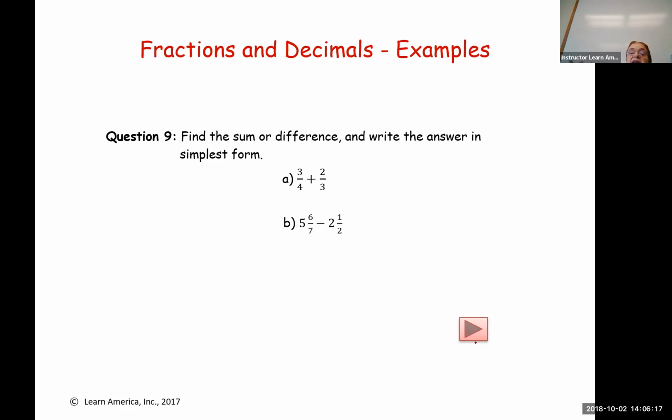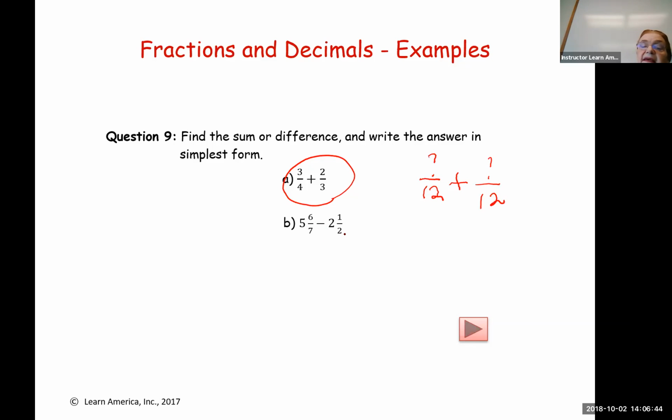Let's look at finding the sums and differences of rational numbers. Now here, of course, where we have different denominators, we cannot add unless we put them over the same denominator. So 4 and 3 would have a least common denominator of 12. So we're going to have to change the 3/4 to 12ths, and we're going to have to change the 2/3 to 12ths and put the proper numbers here to make them equivalent.